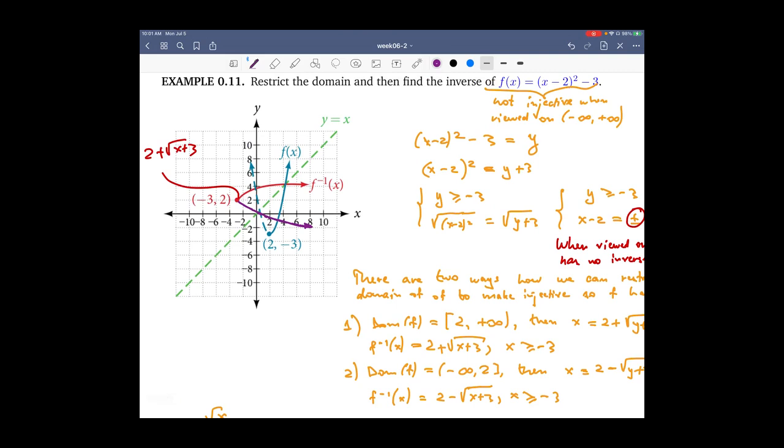And you can see that this branch in purple is symmetric to the dashed branch of the parabola. The point 2 comma negative 3 is symmetric to the point negative 3 comma 2.